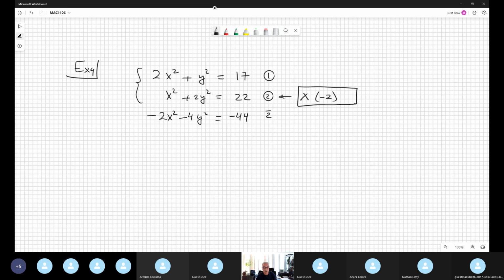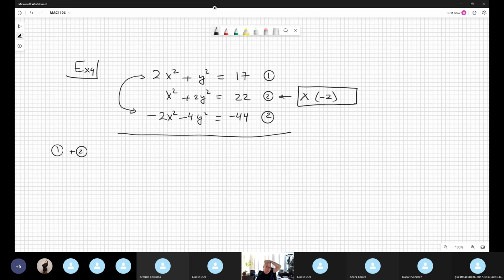And this is my new equation 2, perfectly equivalent to the original 2. But I want to work with the 1 and the new 2, and temporarily I forget the original number 2. So you add 1 plus 2. This is classical elimination, guys.